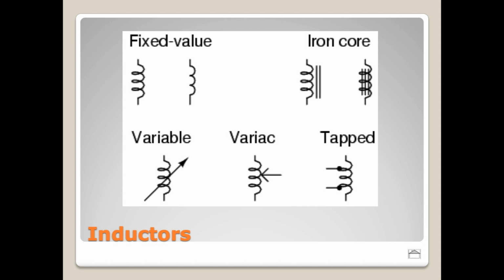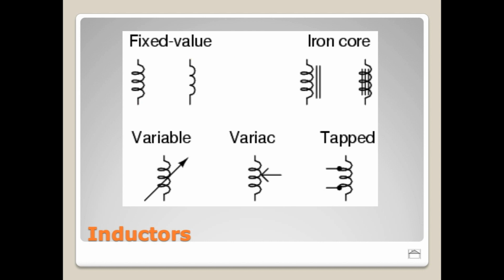You'll see some variation just depending on who drew the schematic, and sometimes you'll see variation on where the schematic was generated, whether it was something made in the United States, or something that was made in Europe. But on the left we have the fixed value inductors, and again remember our connection points are here and here and here and here on these symbols, right?